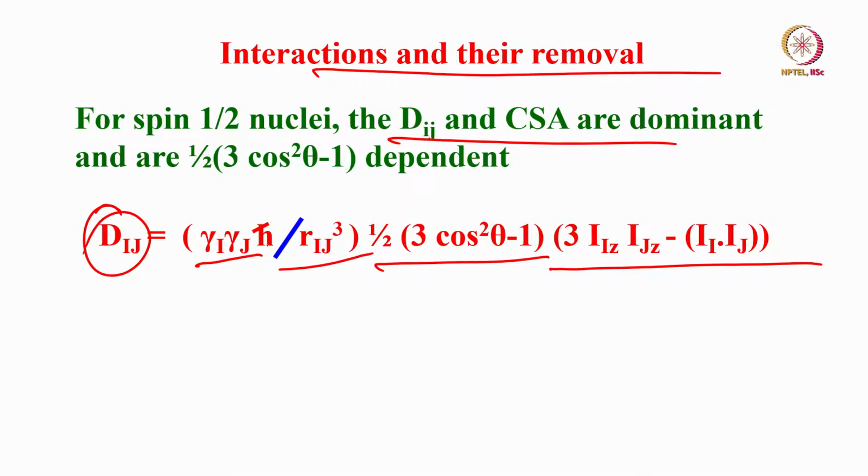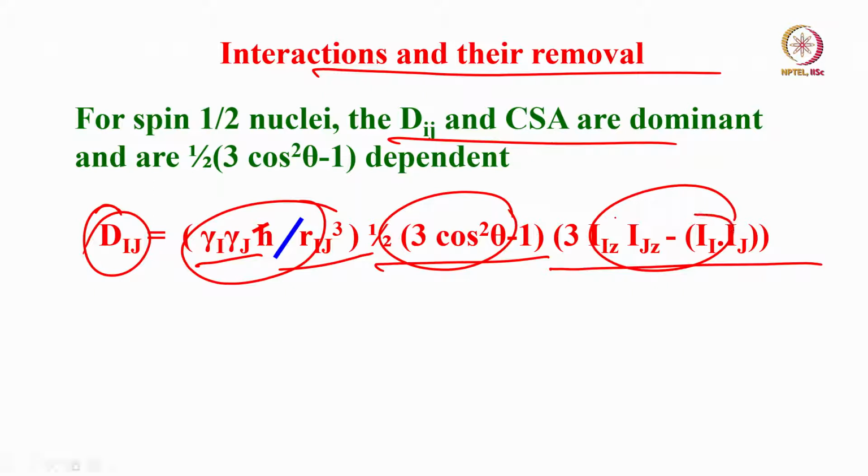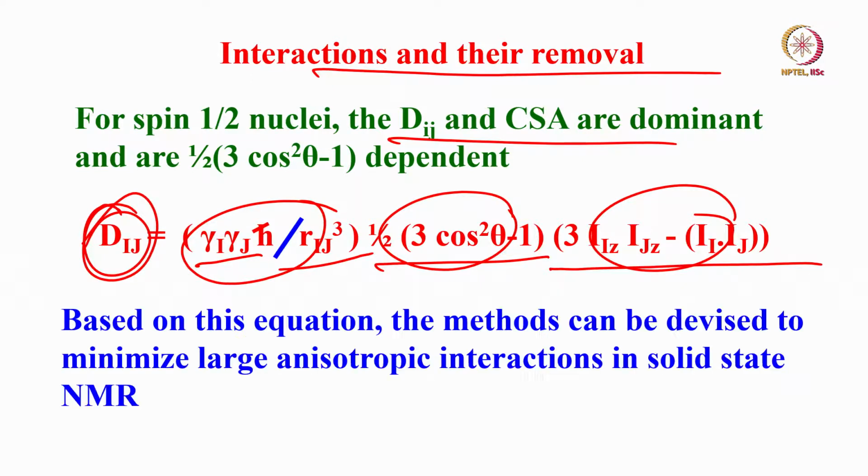Look at this one. This is one term, another term and another. All the 3 terms are multiplied. What does it mean? If I have to remove dipolar coupling, what should I do? Make one of the terms 0. Then, since they are all multiplied, automatically the dipolar coupling becomes 0. One way to remove it, right?